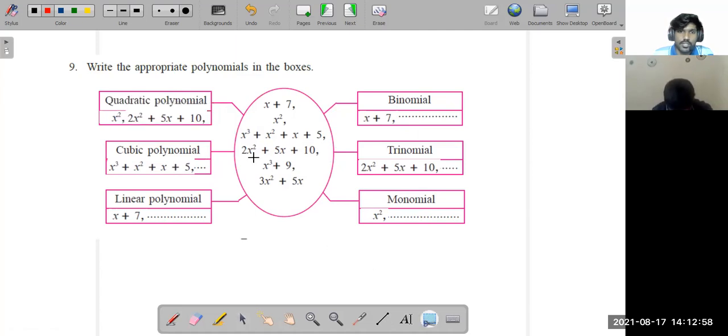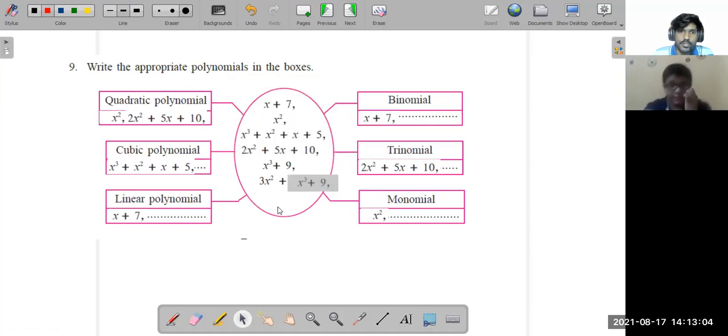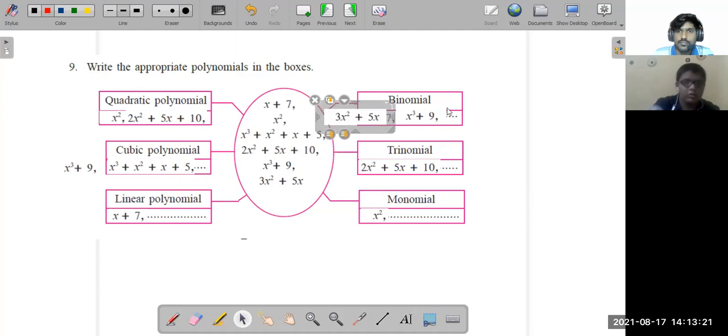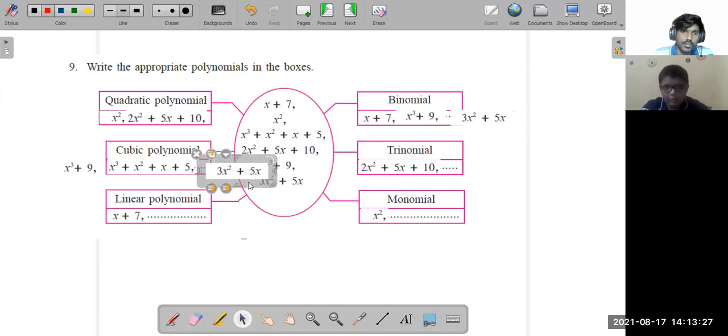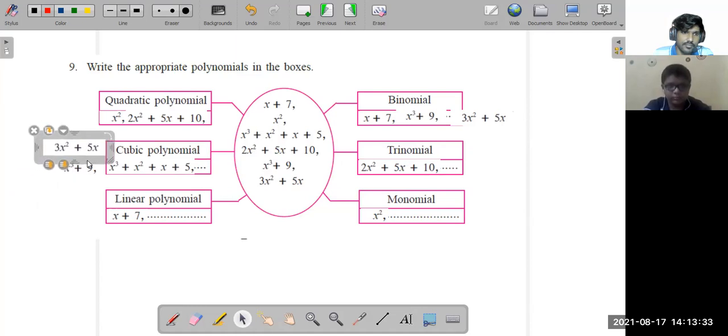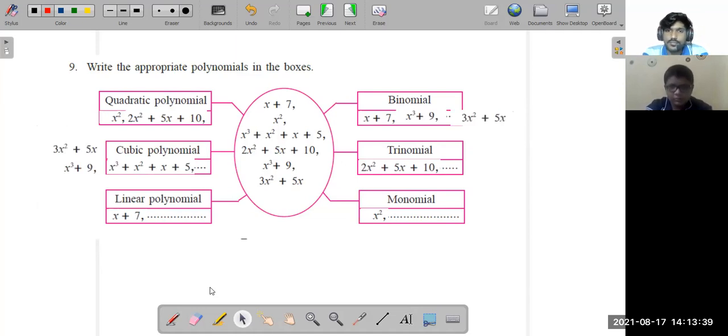Then we have x cube plus 9. It would be binomial and cubic polynomial. Correct. So I'll put it here. And then the last one, 3x square plus 5x. Again, how many terms? 2, so it would be binomial, and it would be quadratic polynomial. Correct. I'll put it here. So is this clear? Yes, sir. Okay, write it down now.